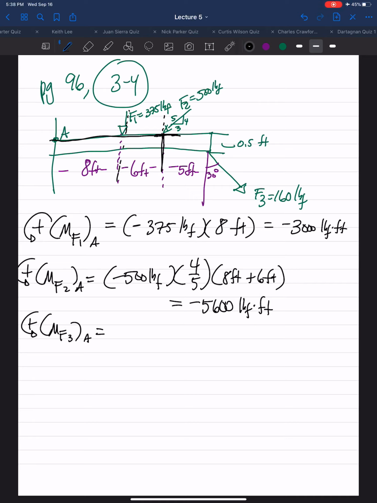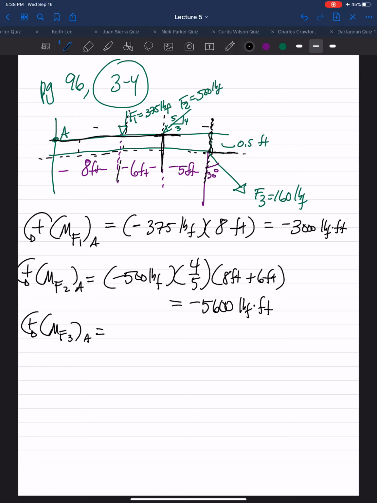And it's at an angle. So at this angle, the horizontal component, line of action, there is a perpendicular distance here. And the vertical component, line of action, there's a perpendicular distance here. So we have two perpendicular distances.